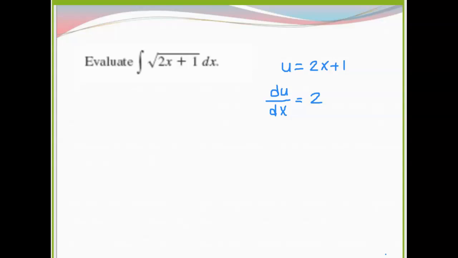Now the goal of my problem is to solve for du and replace dx with du. So what we're going to do is multiply both sides by dx. So we get du is 2dx.